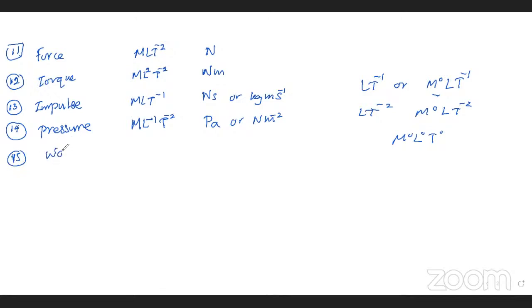That's the work. You know work has the dimension ML squared T minus 2. Its unit is joule. Then energy. So it's also ML squared T minus 2. So this unit is the same as the work.